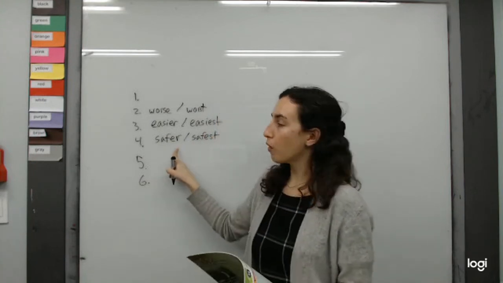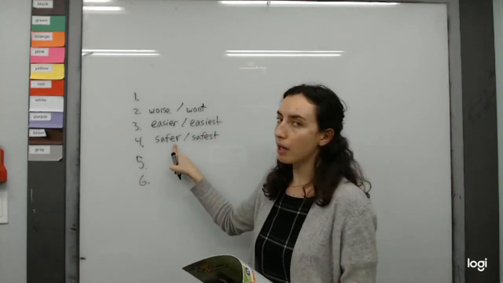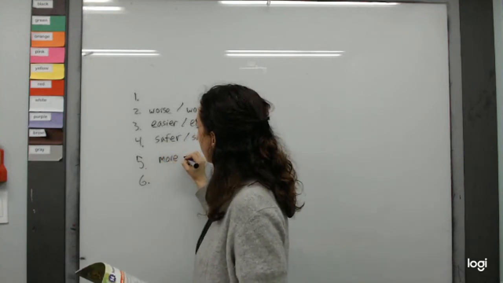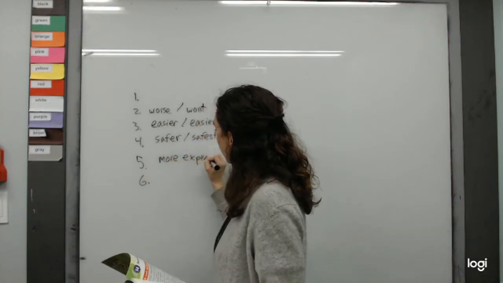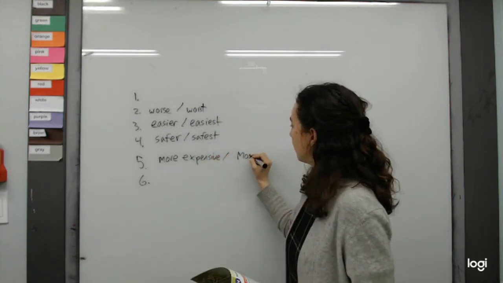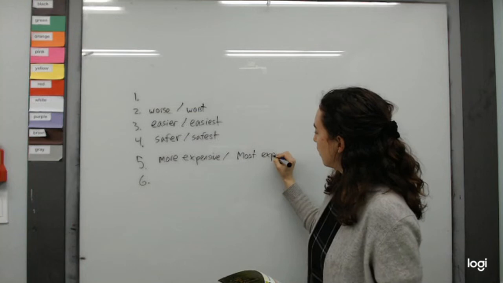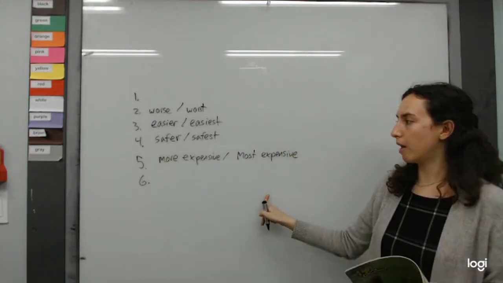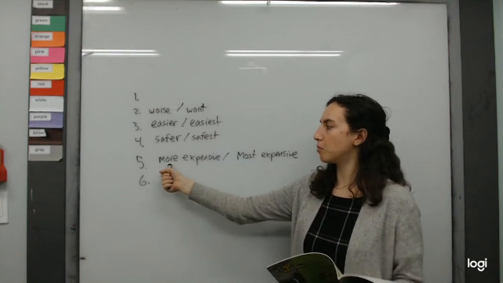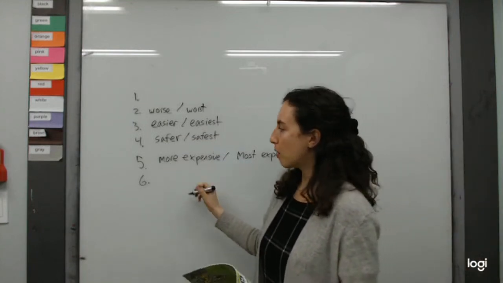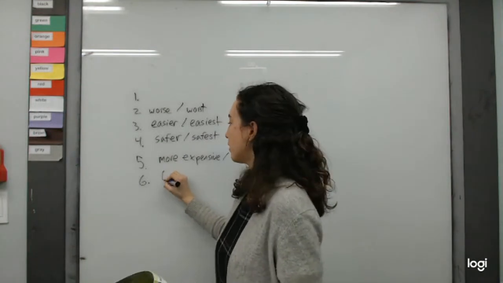And remember, don't write two E's, just one E. Okay, this one is a long one, so expensive becomes more expensive, and then most expensive. And the last one, big, becomes bigger and biggest.